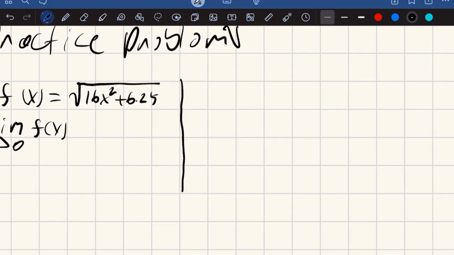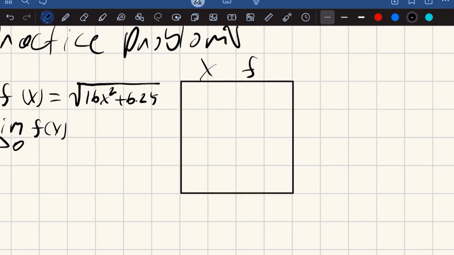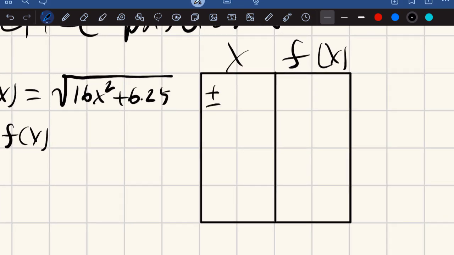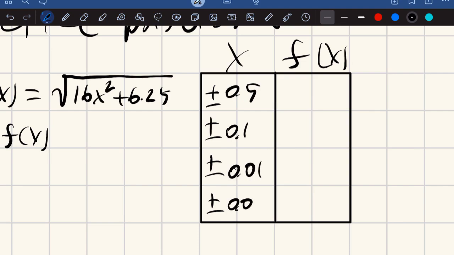So let's make our box, x and f of x. Something we can notice about our function is that it's even, which means it's symmetrical along the y-axis. So we can just do plus or minus whatever value we input. So let's do 0.5, 0.1, 0.01, 0.001.